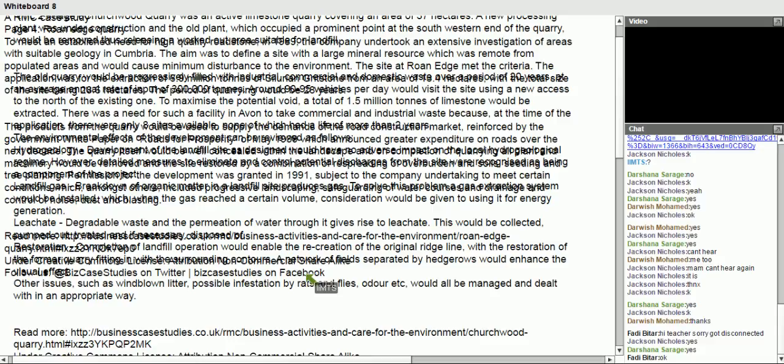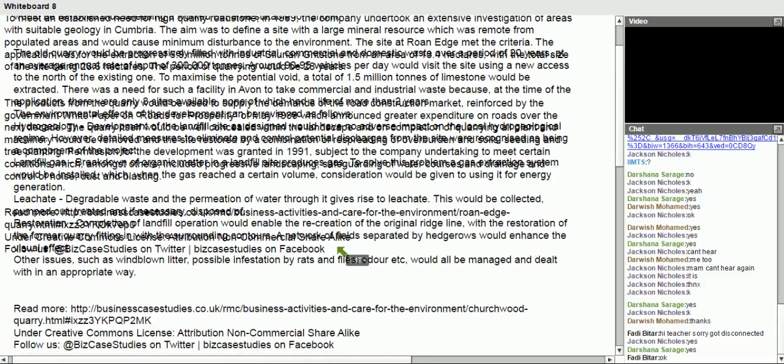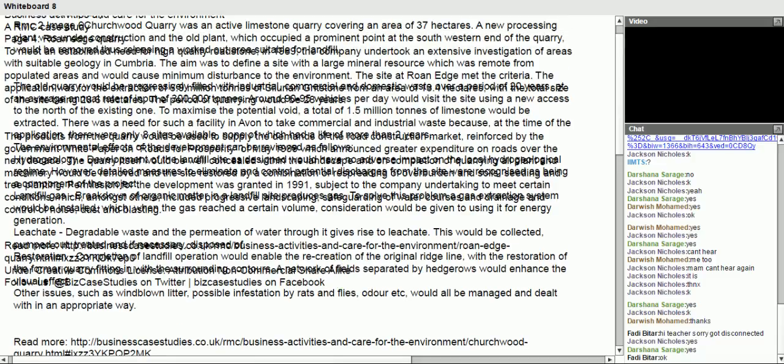But this company manages that as well. They have alternatives for everything, and facilities for that too. So this case study proves how eco-friendly they are, right?